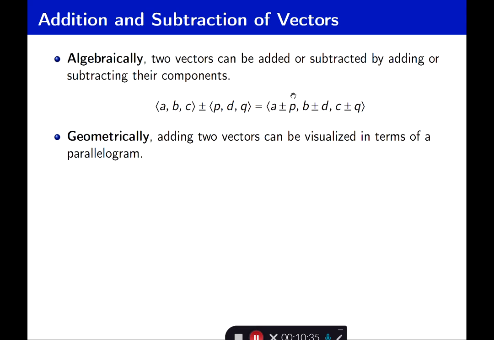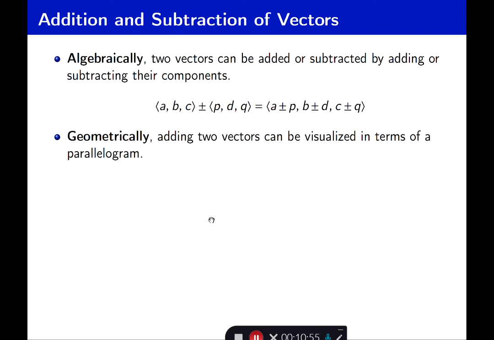B and d are the second coordinates, add or subtract. C and q, the third coordinates, add or subtract. This becomes the first coordinate of the resulting vector, this is the second coordinate, and this the third coordinate.